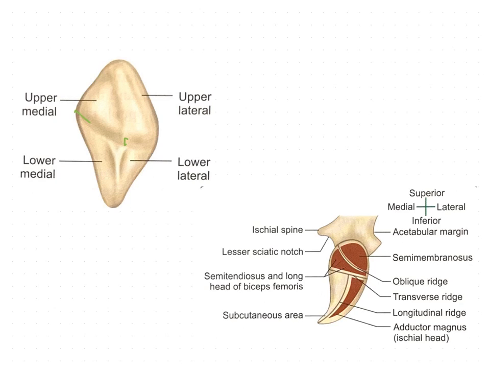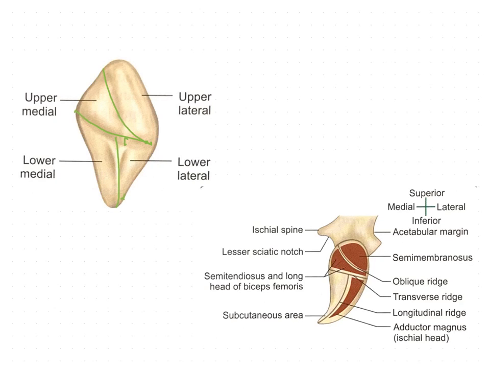A transverse ridge divides it into upper and lower parts. The upper part is again divided by an oblique ridge, and the lower part is divided by a longitudinal ridge.